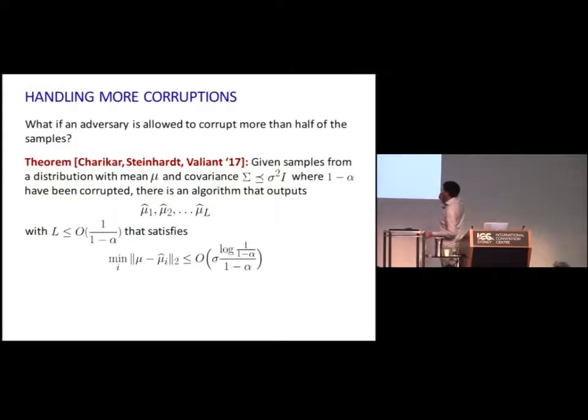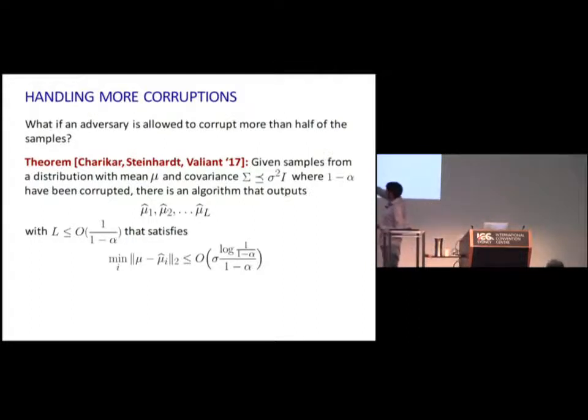So in general, Charikar, Steinhardt, and Valiant showed that when given samples from a distribution of mean mu and bounded covariance, you can output a list mu hat 1 through mu hat L, which has the property that the list isn't too large. Think about 1 minus alpha being like 90% or something like that.